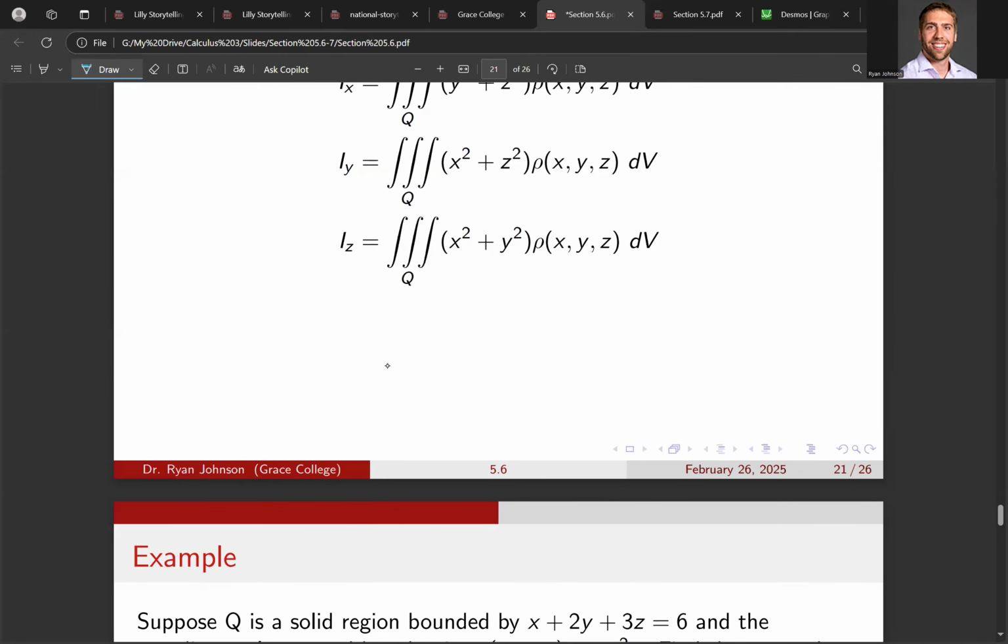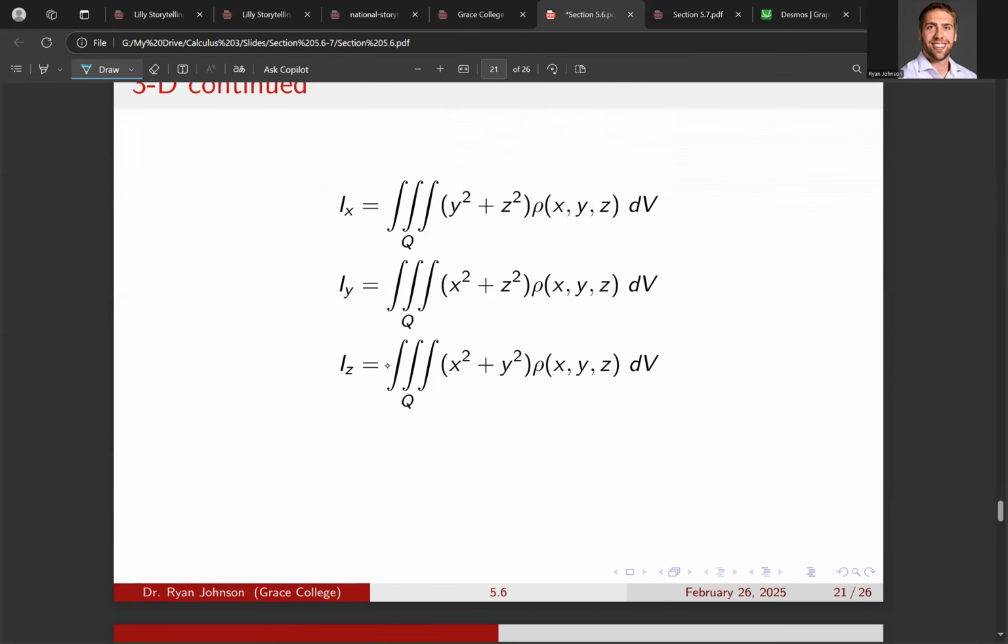For Ix, you put in the 2 variables that are missing, y and z. For Iy, x and z. For Iz, x and y. And these formulas are given on page 603 in your book.